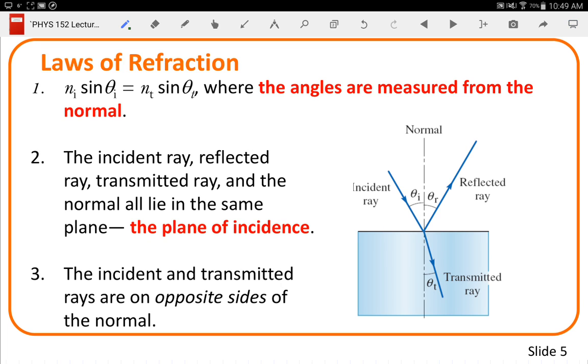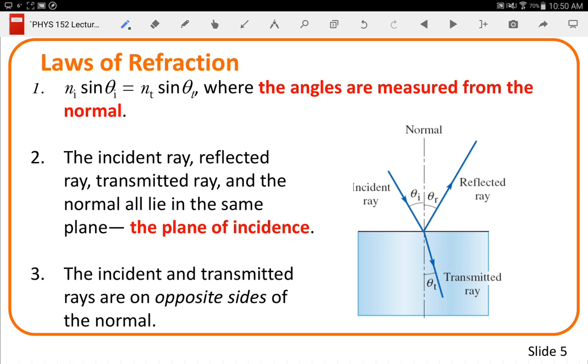So how do we solve problems involving Snell's law? Okay, you have to make sure you measure the angles correctly if it's a refraction problem, measuring from the surface normal. Once you have those angles from the surface normal, you just apply the Snell's law equation with the indices of refraction, and you get your answer.